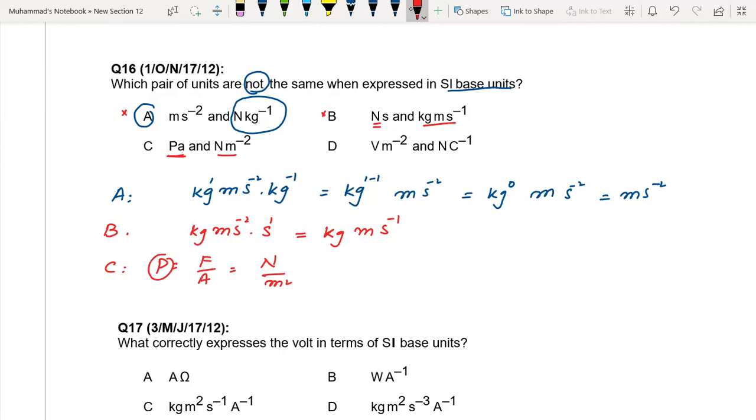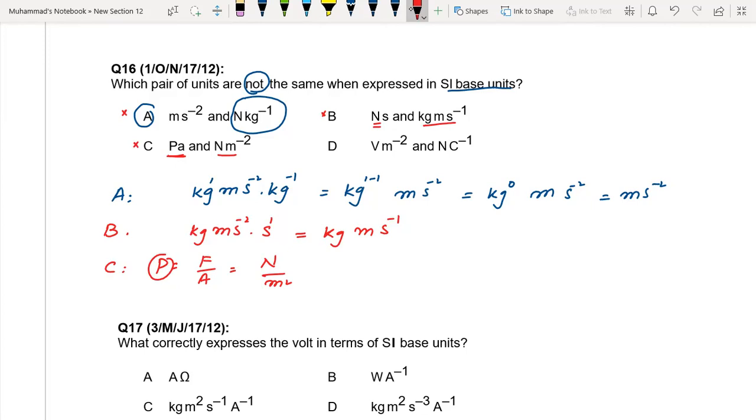If you put this Newton in terms of SI base units and simplify this Pascal, you will have the same unit, because these two are the same units of the same physical quantity. So this is also incorrect, and we will directly pick the option, because we don't need to simplify this, because all other three options are incorrect.